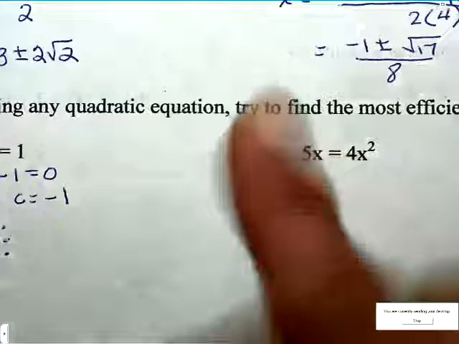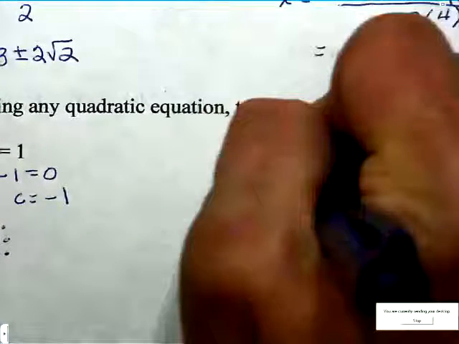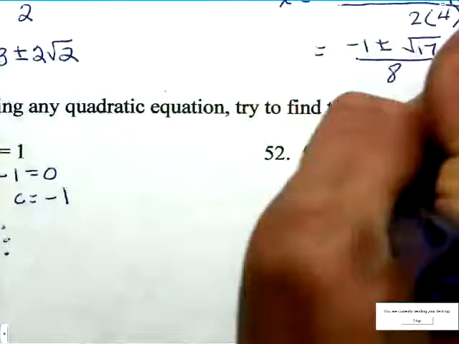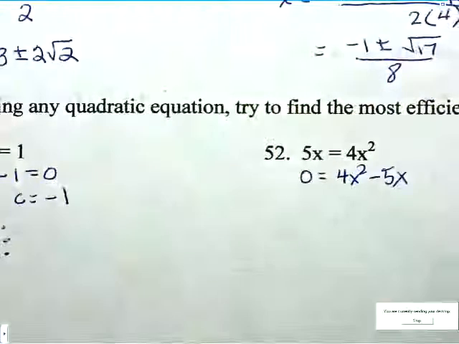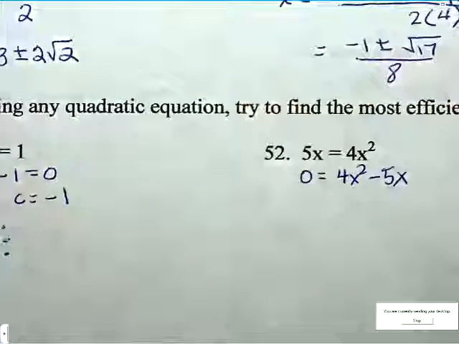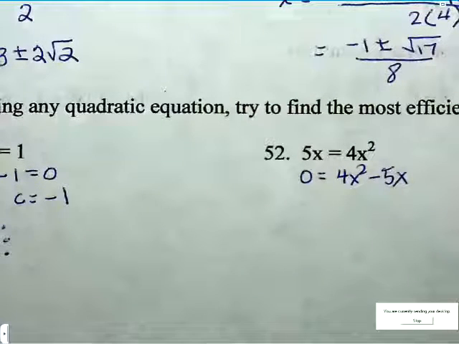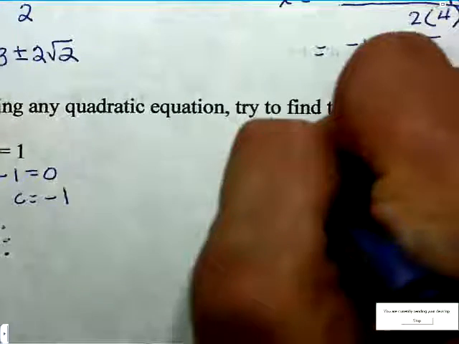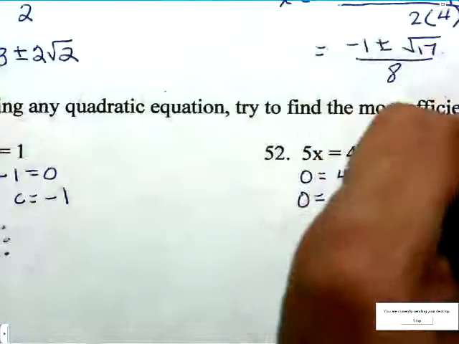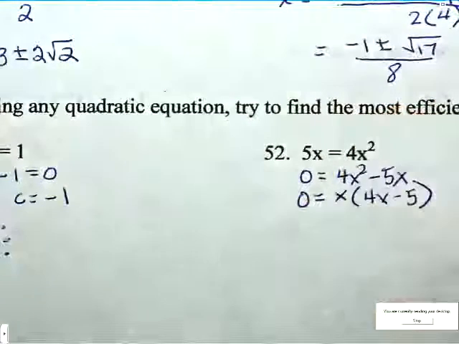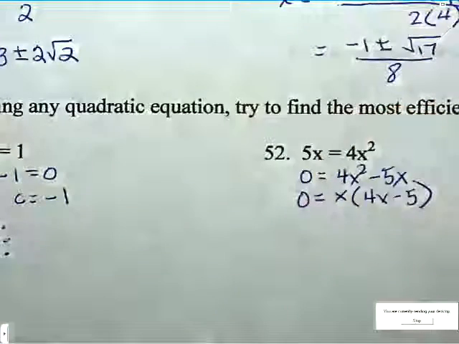So on this problem, I would subtract the 5x from both sides, although technically it doesn't matter at all. And then what? You can factor out a GCF. Don't forget to look for a GCF. If you factor out an x, that will leave you x times (4x minus 5).